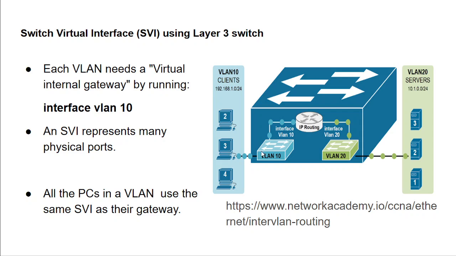Every traffic will be connected to this routing, and through this routing we can access another VLAN and then switch to the correct port.